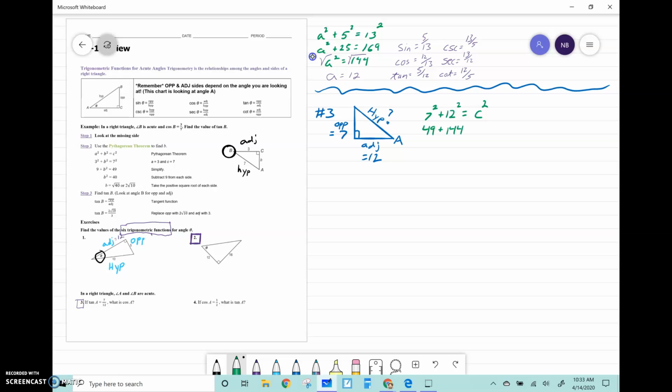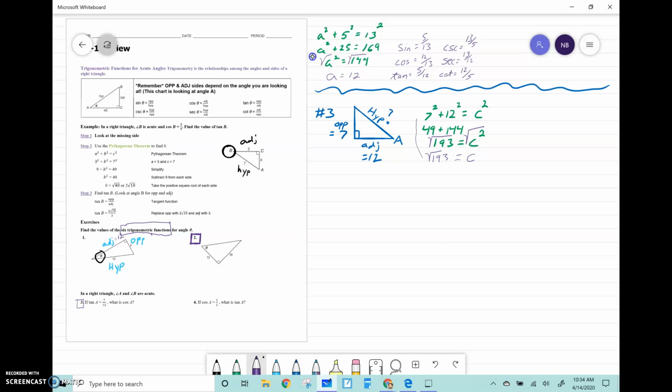And we end up with 193 equals c squared. Okay, now remember, to get rid of that exponent, we're going to have to take the square root of both sides. So we're going to take the square root of both sides, and I end up with c equals the square root of 193. So that is my hypotenuse now, right there.